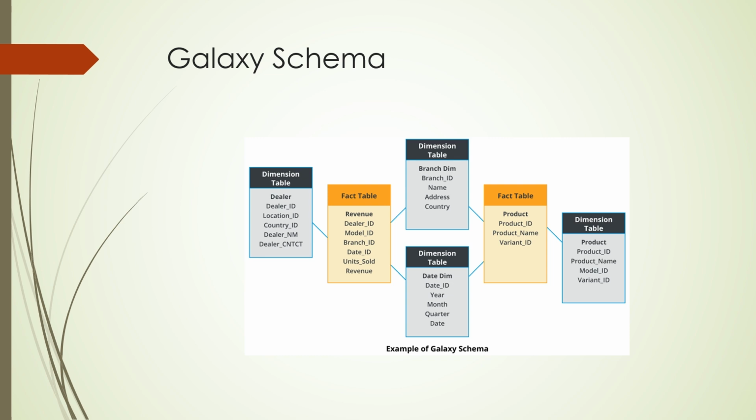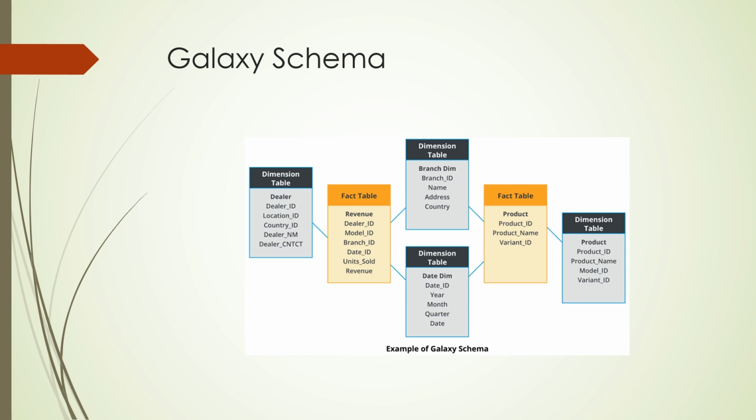When we are going to compare the key differences between the star, snowflake, and galaxy schema, if you consider the elements, in star schema it has a single fact table connected to multiple dimensional tables. In snowflake, a single fact table, but we will be having subdivision tables also, dimension tables also.